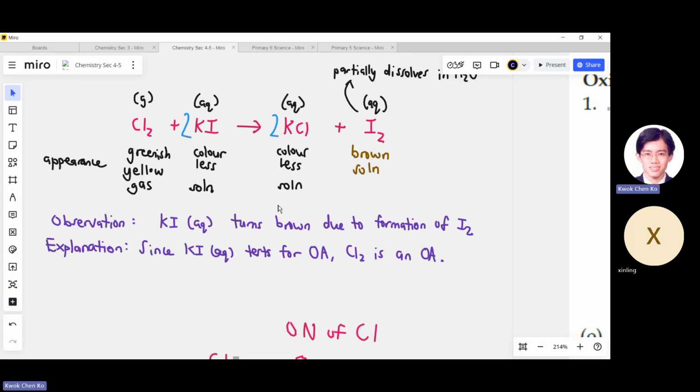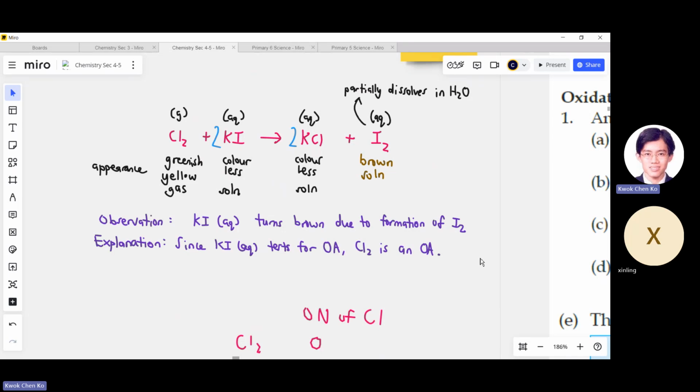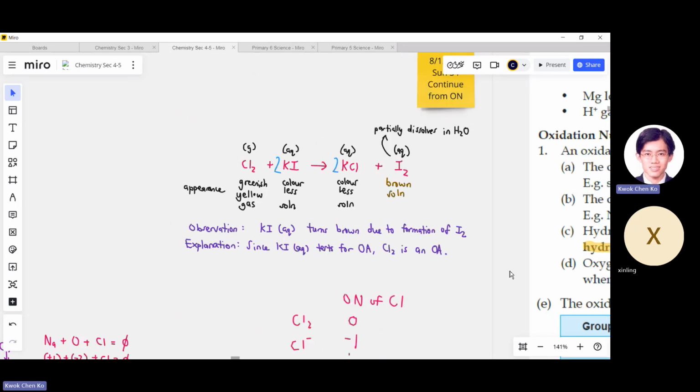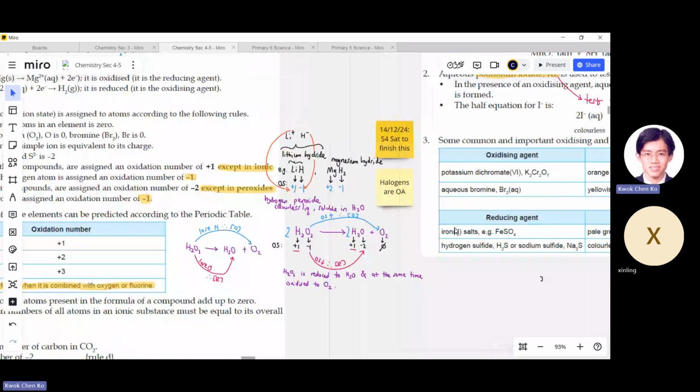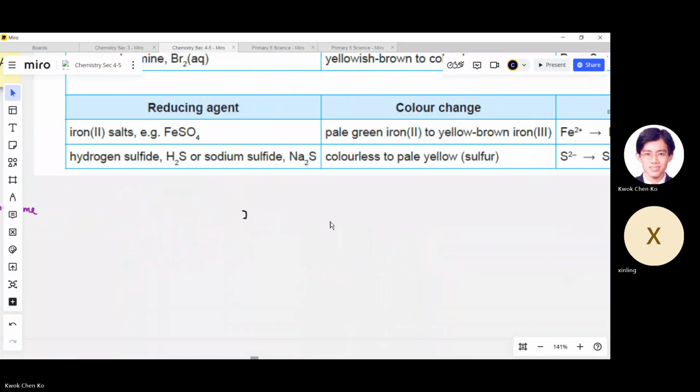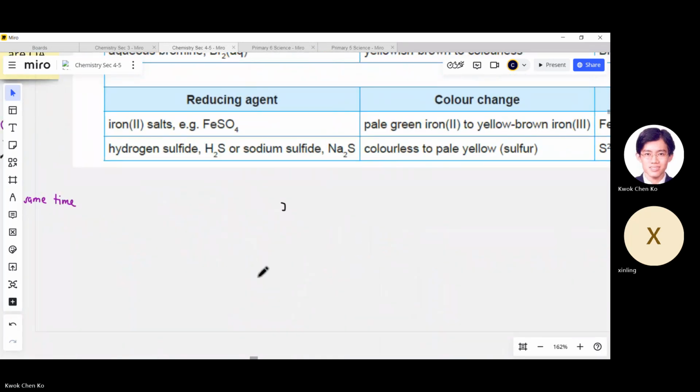Okay, just one last substance of interest. Questions, anyone? No? One last substance of interest that comes up many, many times as well: iron. For iron, it has three common oxidation states. It can exist as pure iron, Fe2+ ions, or Fe3+ ions.